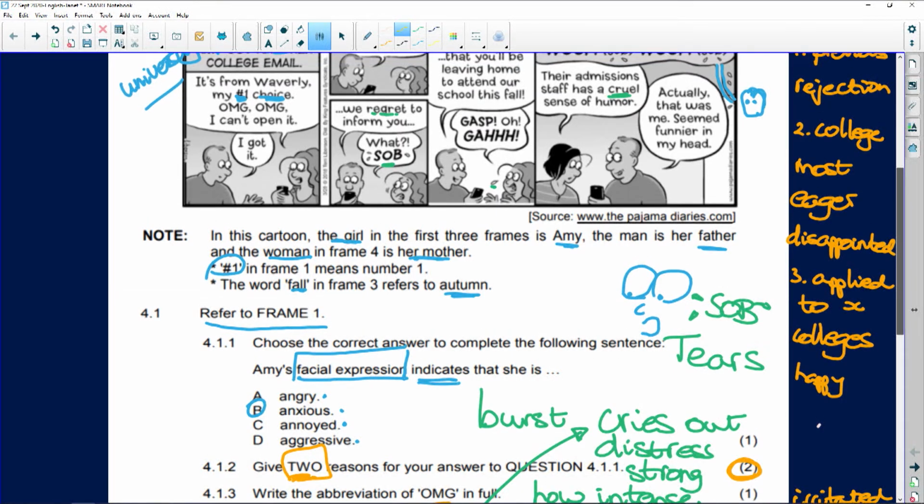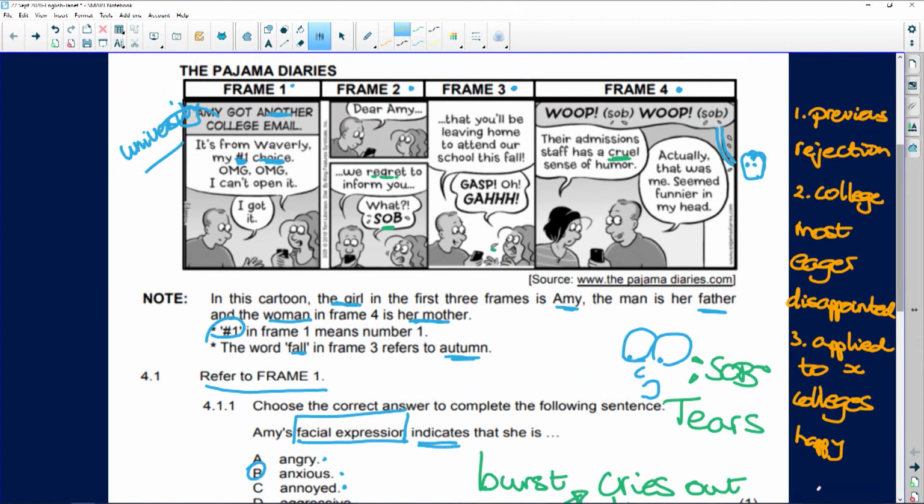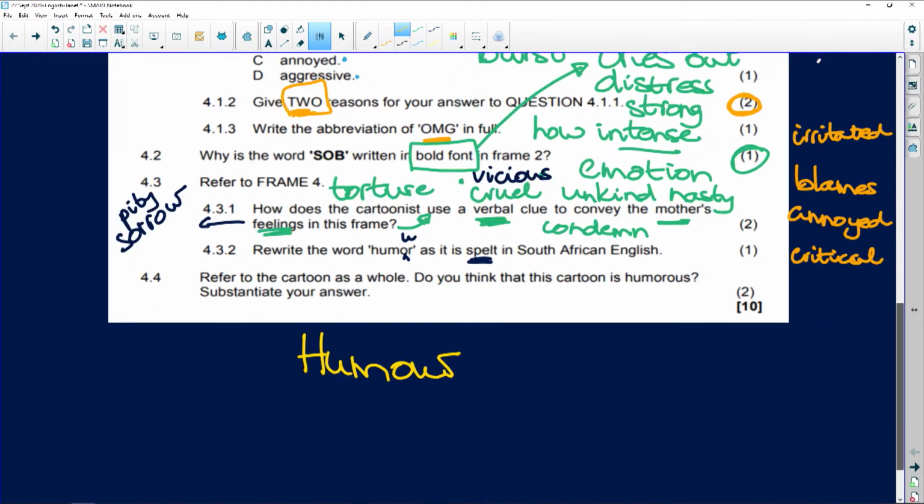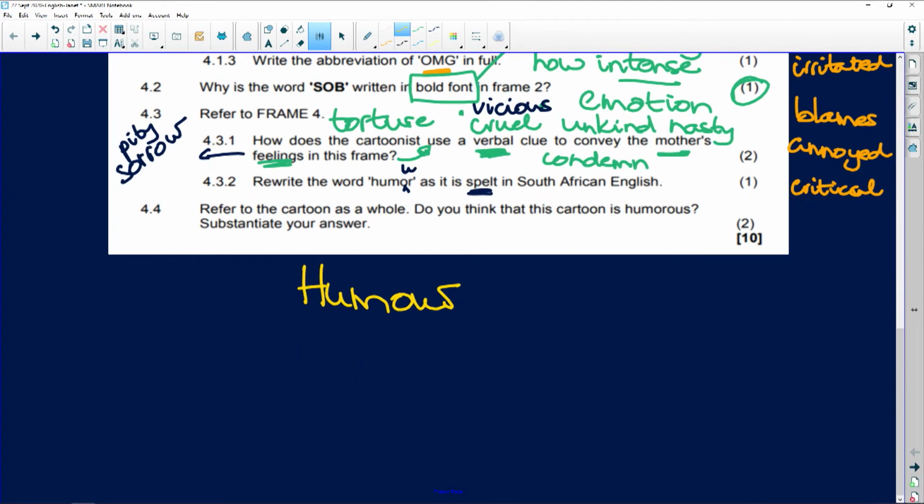No. So rather, try to decide on what kind of humor it is. I don't think we're talking about the father's trick. I think rather we're talking about the fact that the father has played the trick.